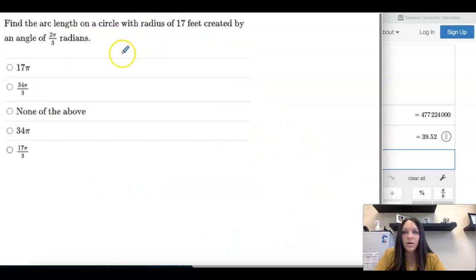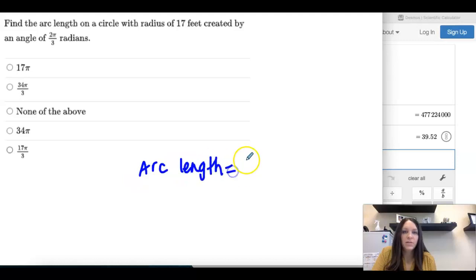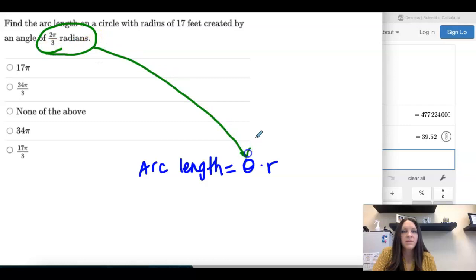Okay, so one more. Find the arc length on a circle with radius 17 and angle of 2 pi thirds. So arc length equals theta times r, where theta is radians and r is radius.